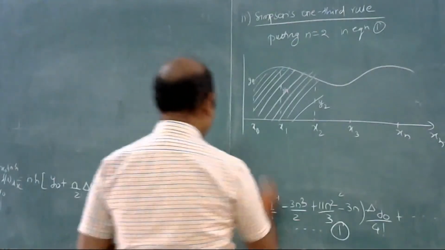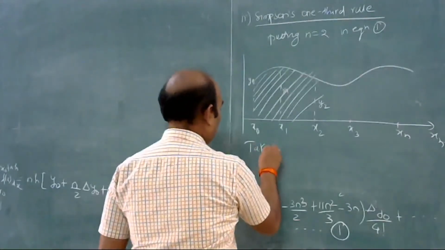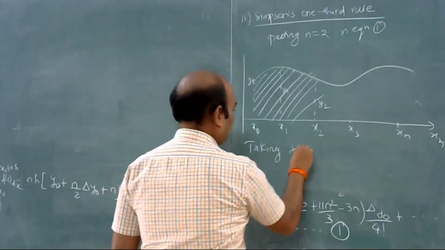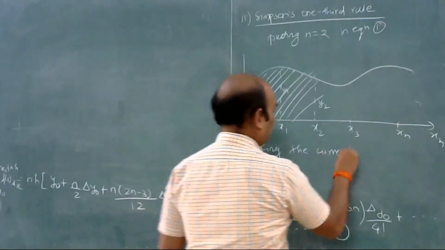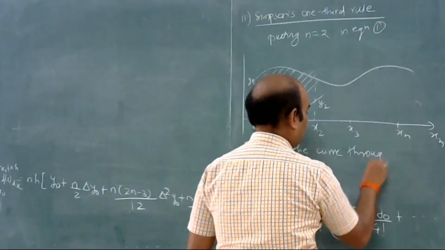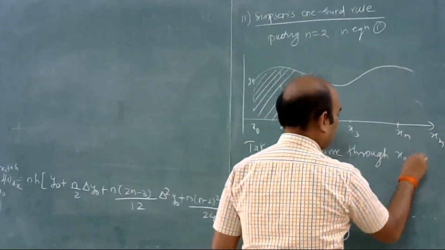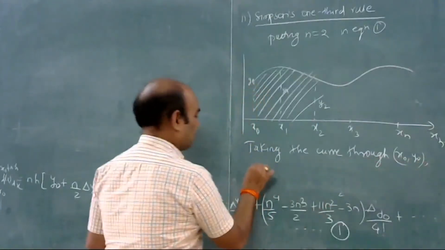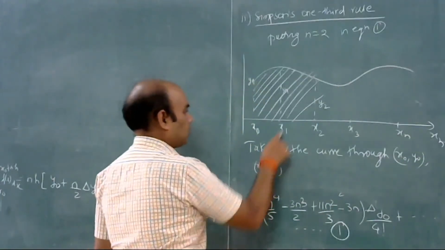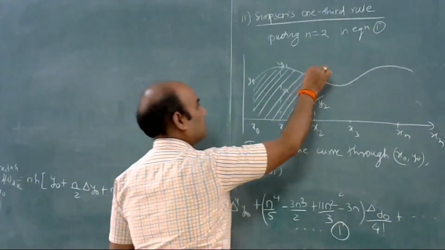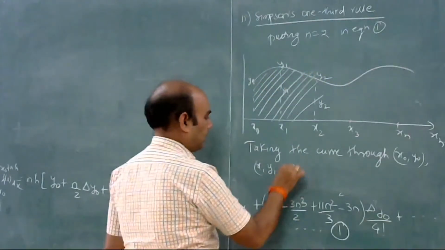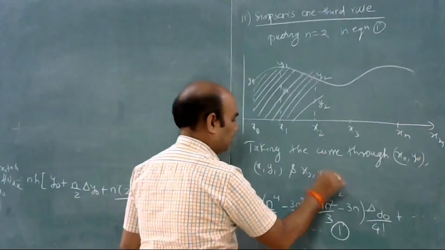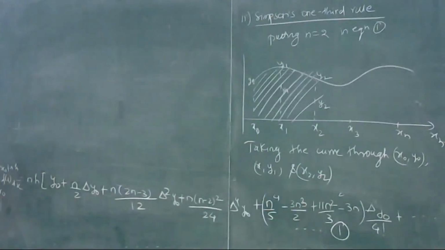So taking the curve through x0 y0, then x1 y1, then x2 y2 as a parabola.